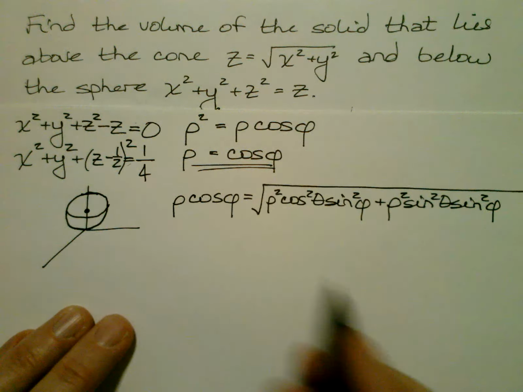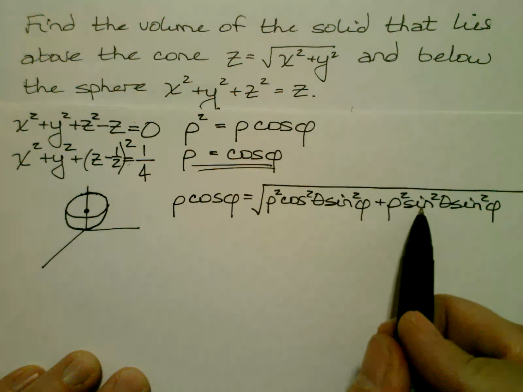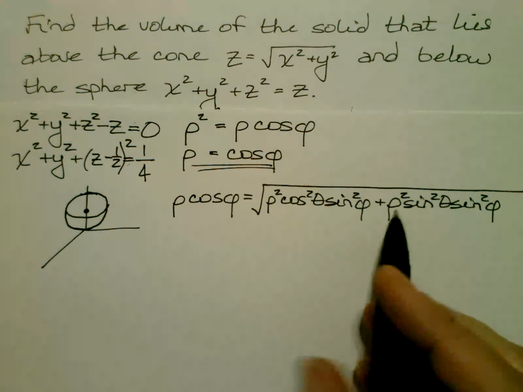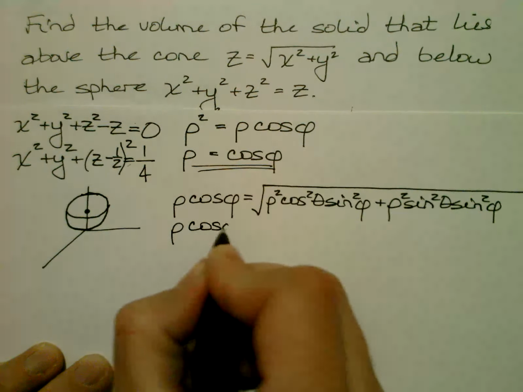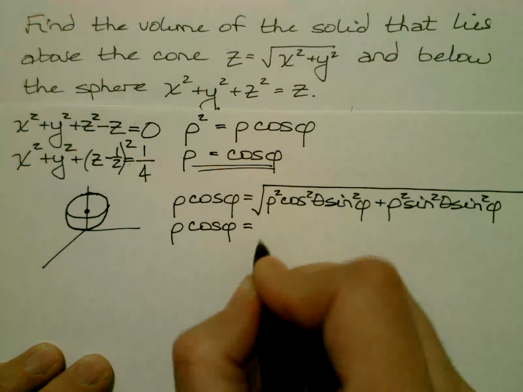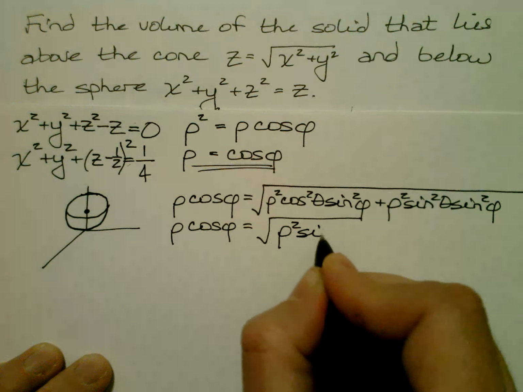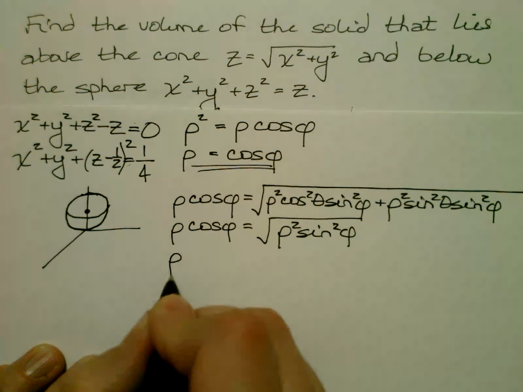It all fit. I'm going to notice I have cosine squared theta plus sine squared theta, so I'll factor that out, use the Pythagorean identity. That's 1. So what's left underneath here is rho squared and sine squared phi, which is pretty convenient to take the square root of.